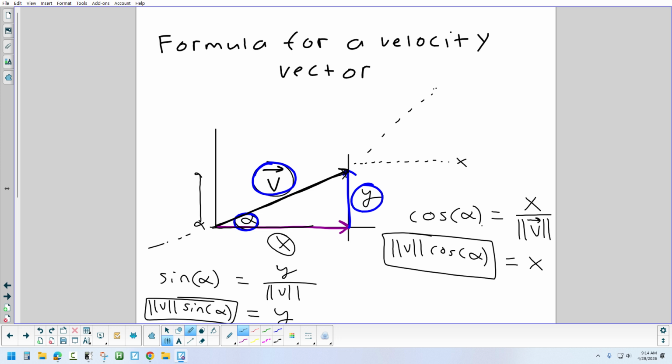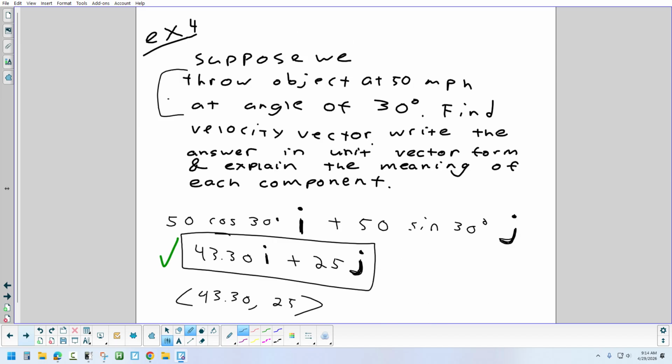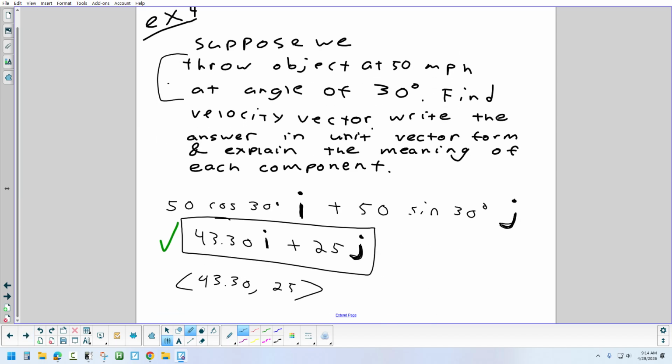You wouldn't want to go up at 50 miles per hour. You'd go ahead of the object. You'd want to go up at 25. All right, so it's just measuring the speed in each direction. Any question on that?